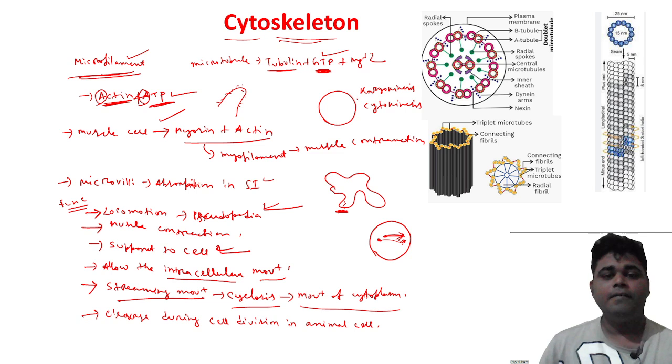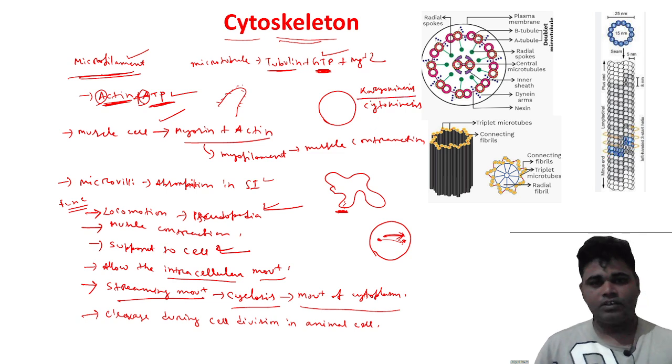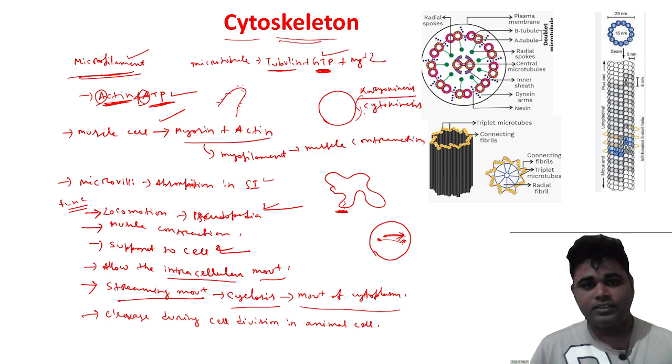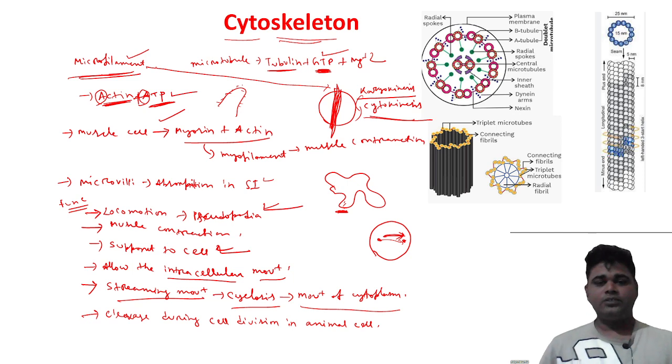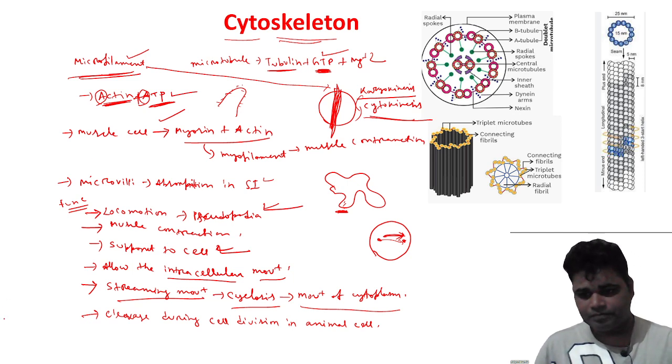Karyokinesis is the division of the chromosome, it occurs first, then the division of the cytoplasm, called the cytokinesis, occurs. That means at the middle a cleavage occurs, and this cleavage is due to the microfilament. So these are the main functions of the microfilament.